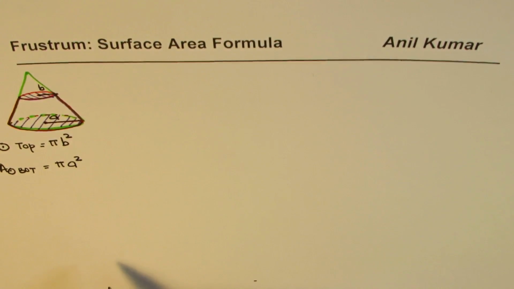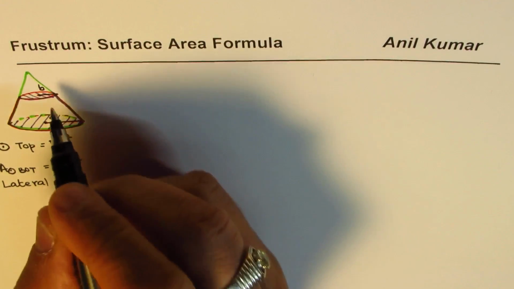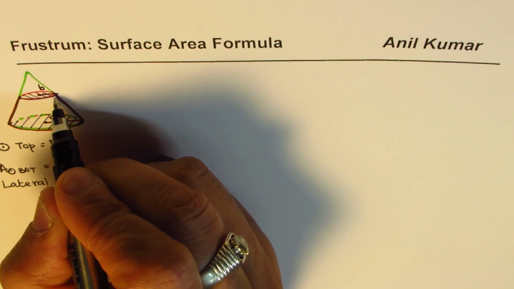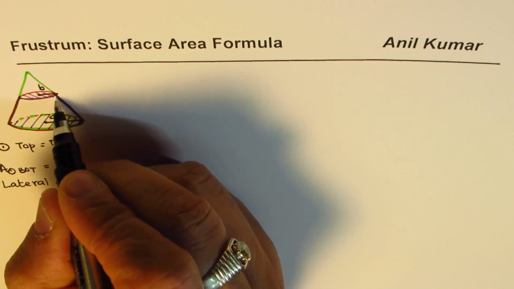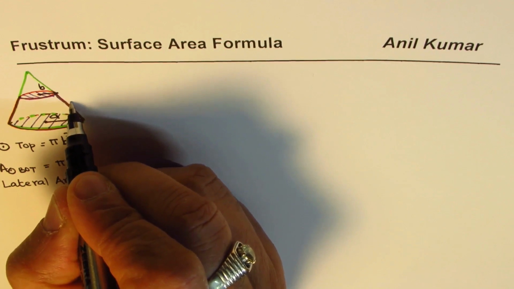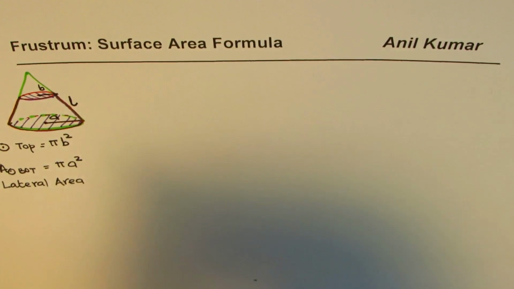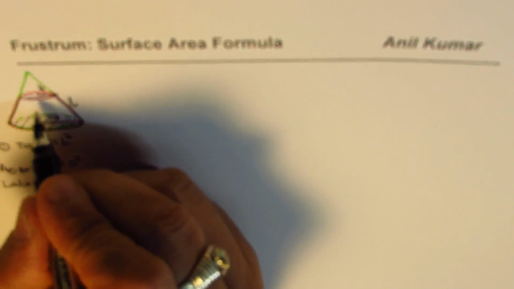Now what we are really interested in is finding the lateral area. Okay, to find lateral area, we'll need this slant length, right? So we say slant height. Let me say L. Okay, so that is the slant height. Actual height will be this part.